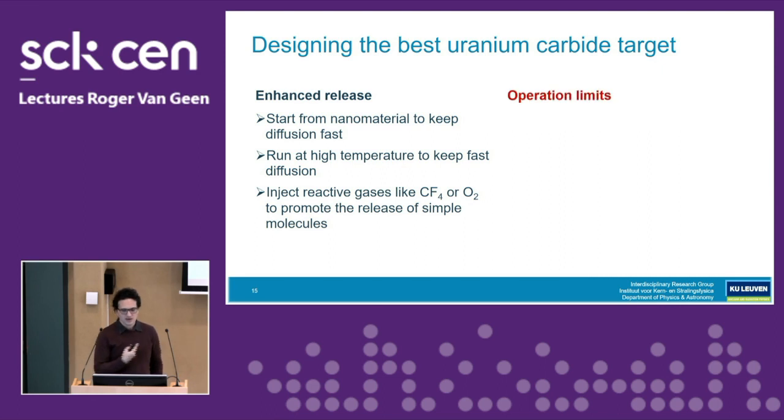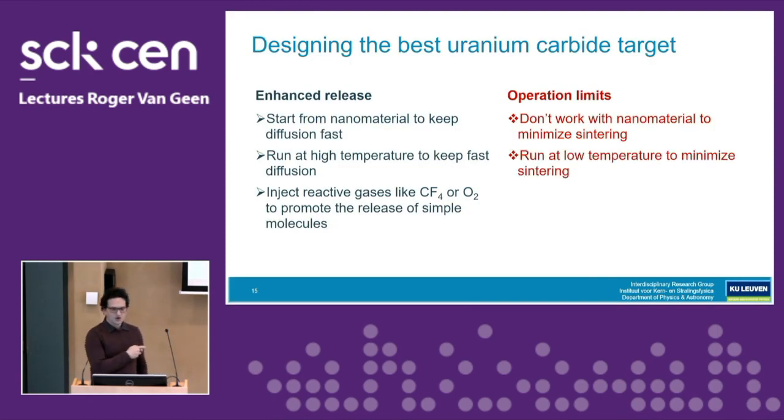But then you have your operation limits around it, which means don't work with nanomaterial because you don't want sintering. Well, that's a bit contradictory. Run at low temperature to minimize sintering. So that's contradicting the high temperature to keep diffusion going.